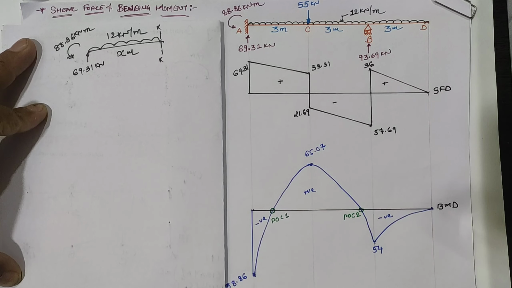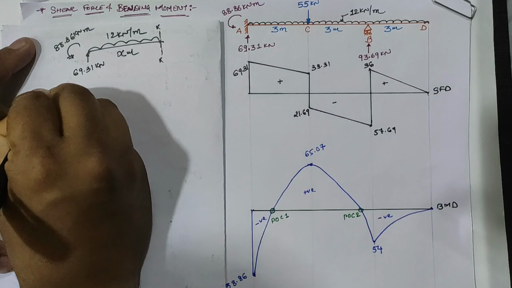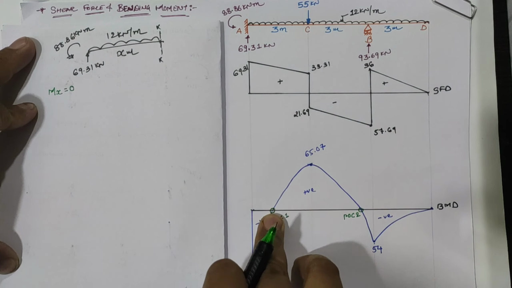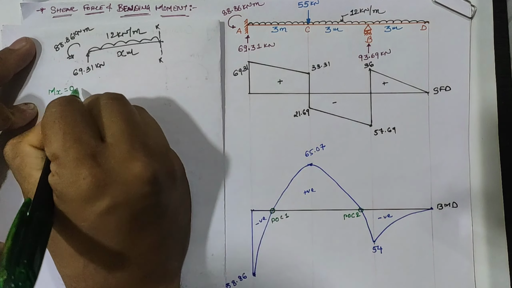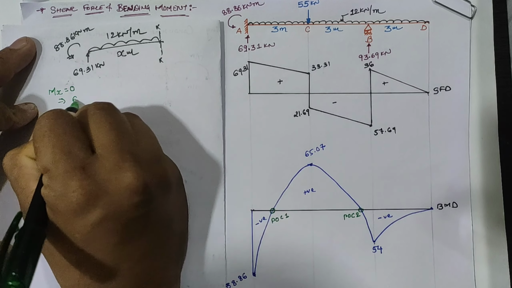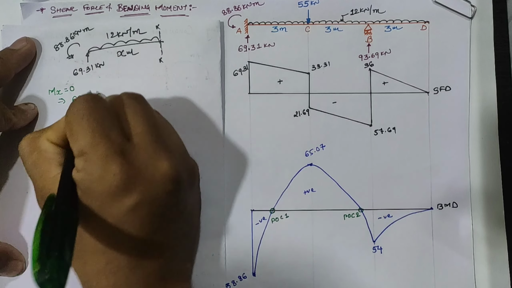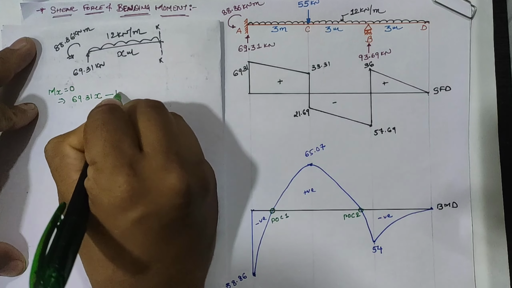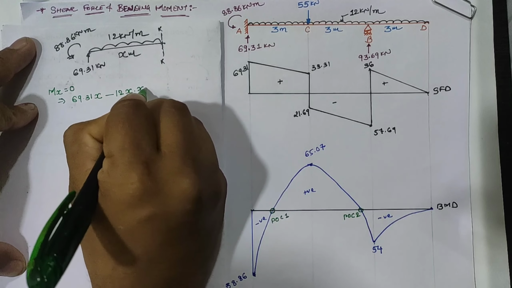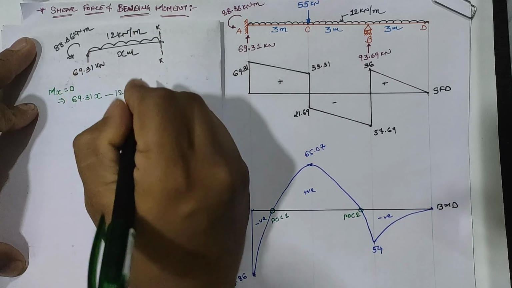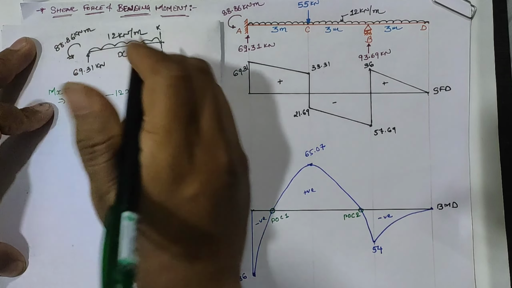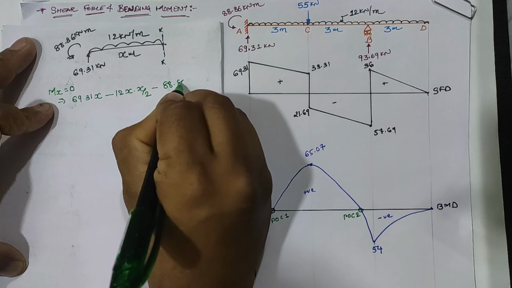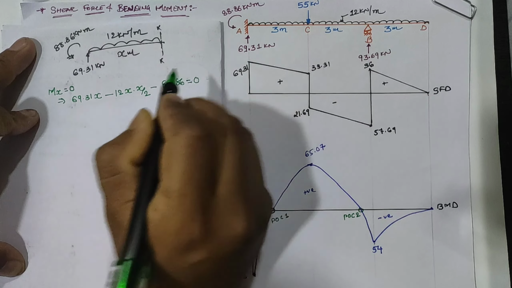If we calculate the moment at location X, then our moment is 0. Hence the value is 69.31 into X in clockwise minus 12 into X by 2 as a UDL moment in anticlockwise direction minus 88.86, which must be equal to 0.